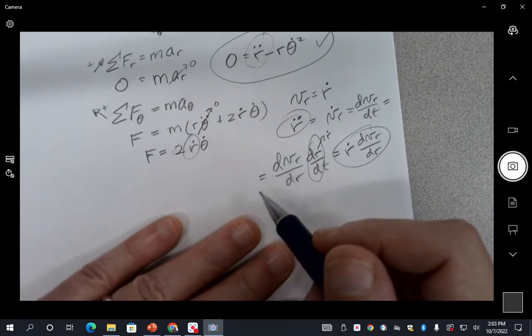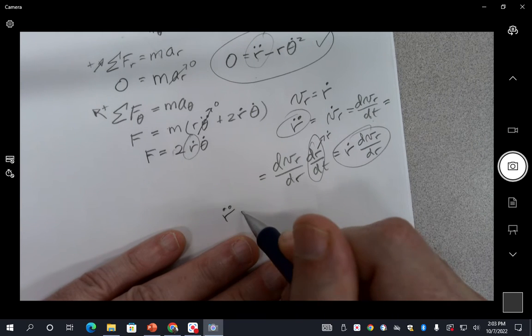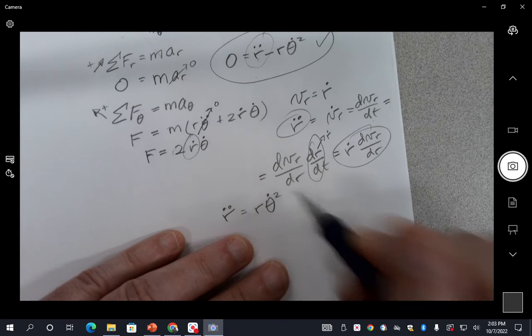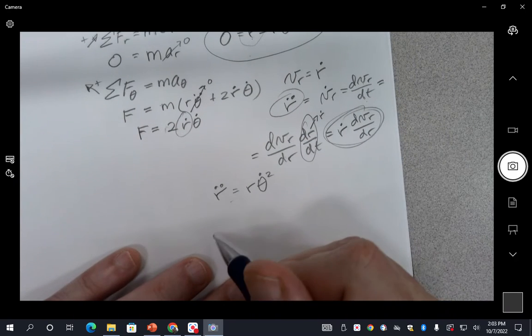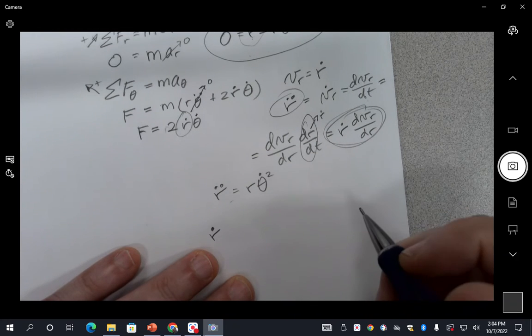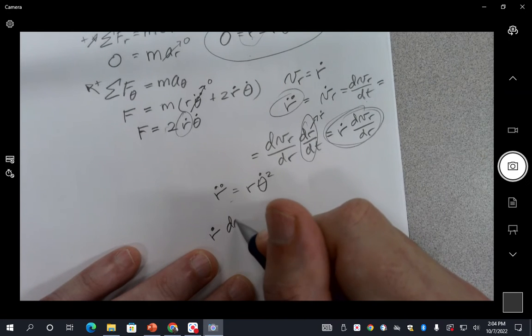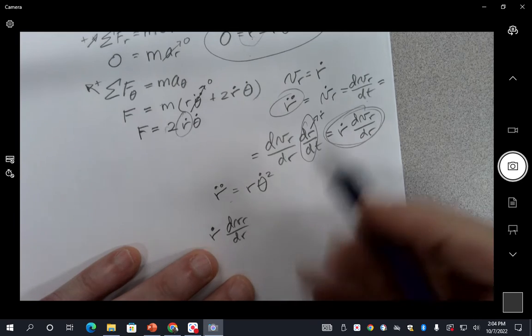Once again, this is the type of problem that gets taught in a lot of schools. So we know that r double dot is equal to r theta dot squared, so what we could do is substitute this back into here. This happens in a lot of things. I'm not going to make excuses for other people's stuff.